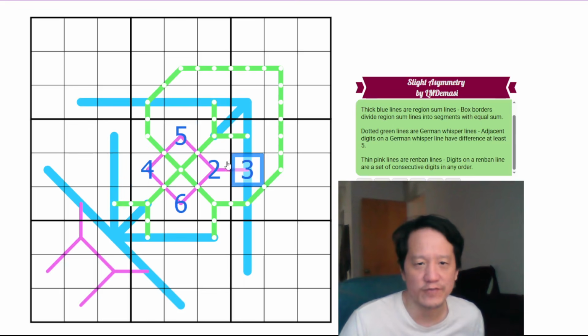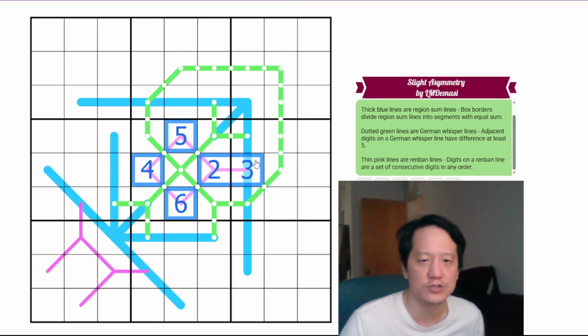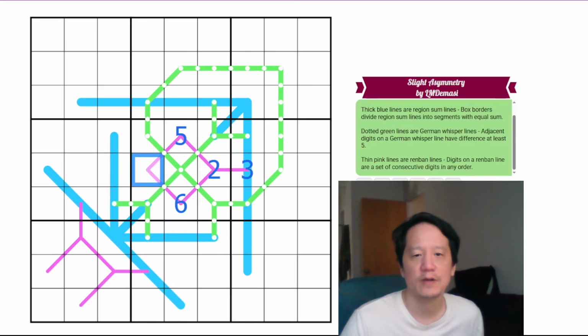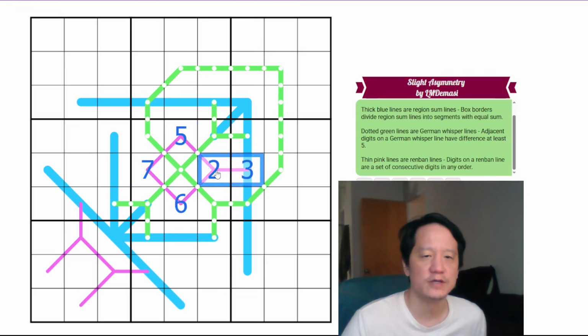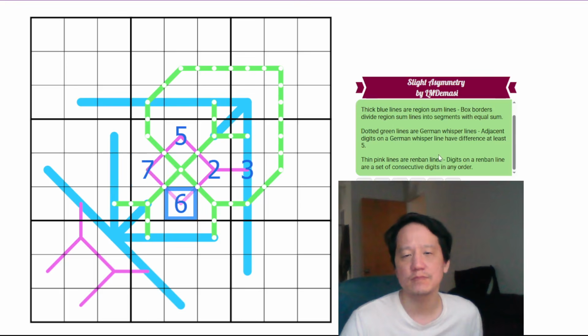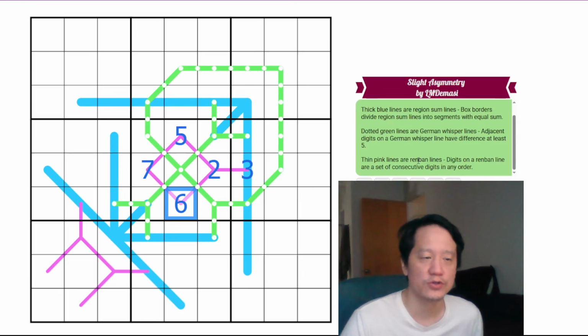This would form a valid Renban line because 2, 3, 4, 5, 6 are a set of consecutive digits. What you could not have is something like 2, 3, 5, 6, 7, because 2 and 3 are consecutive with each other, but they're not consecutive with 5, 6, and 7. And that's an example of how Renban lines work, and those are all the rules.